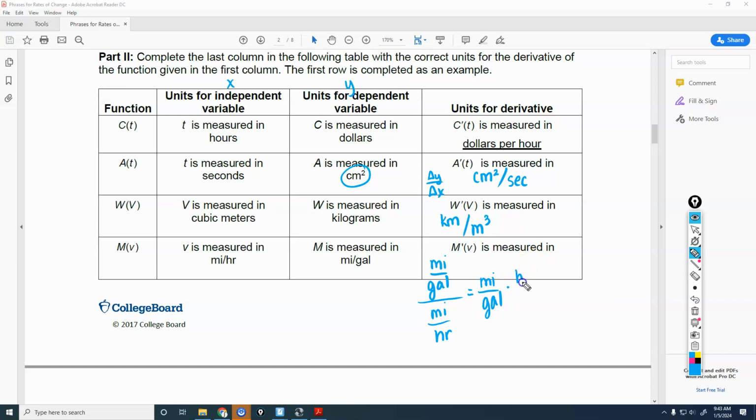Flip the second and multiply. And those miles will cancel and you will get hours per gallon for that. So that is what you would want to use, because if you were writing a report about this, it would be very cumbersome to say miles per gallon per miles per hour, right? Whereas it would make more sense simplified there. But you were correct on what it should be. It just wasn't simplified.